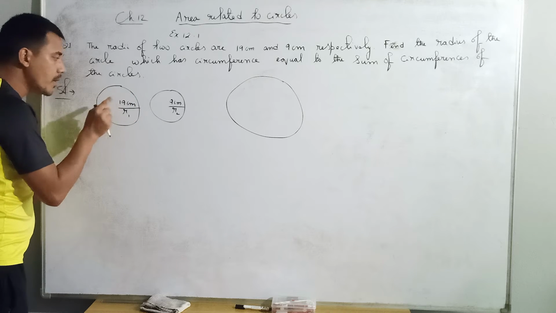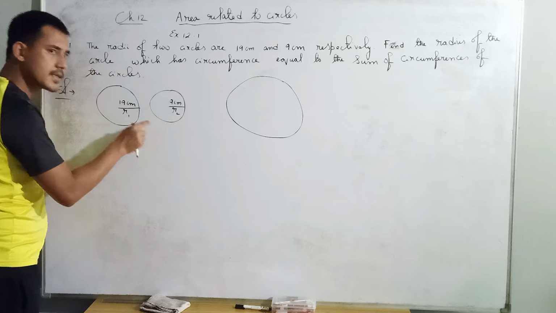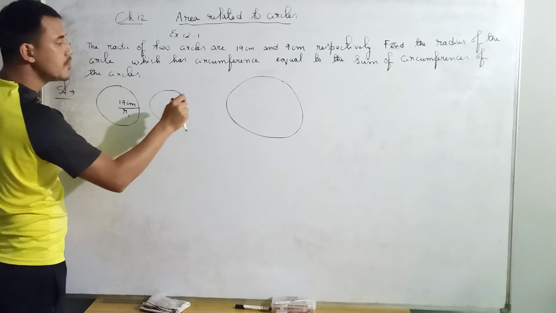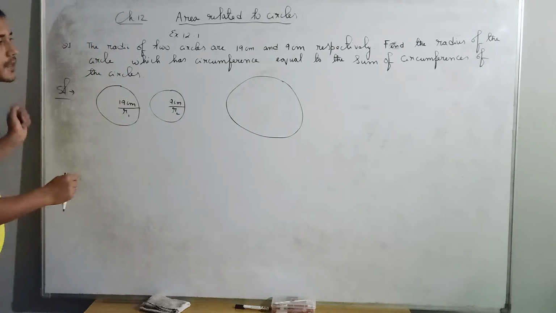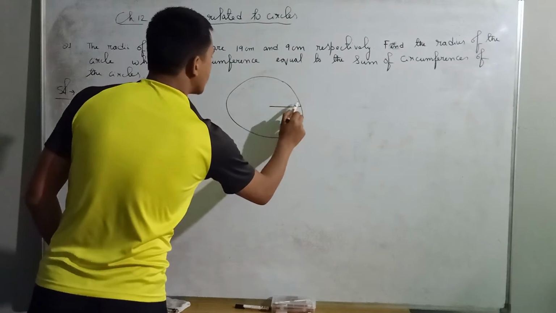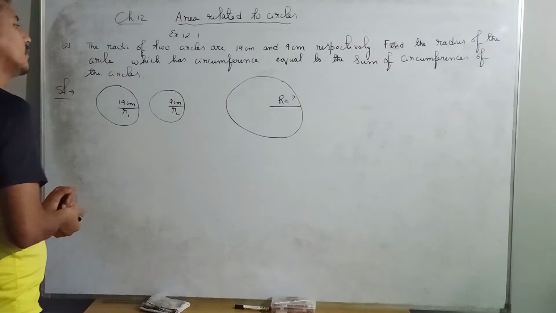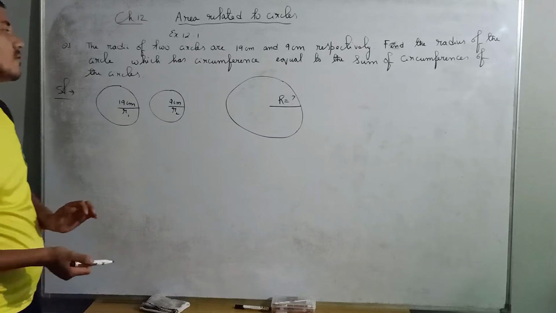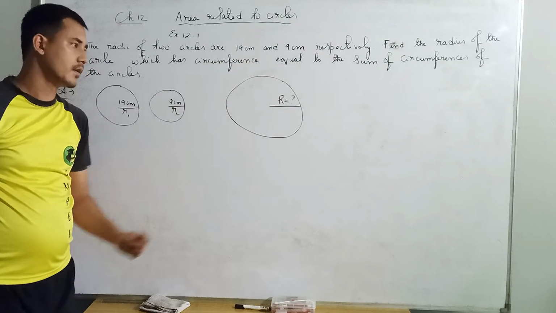So the radius of this third circle is unknown. So let me denote this by capital R.